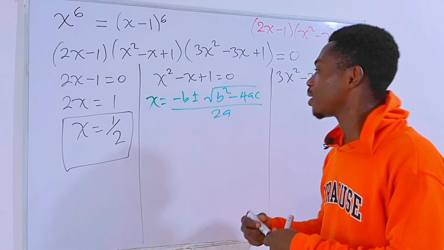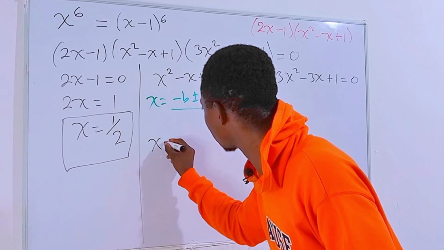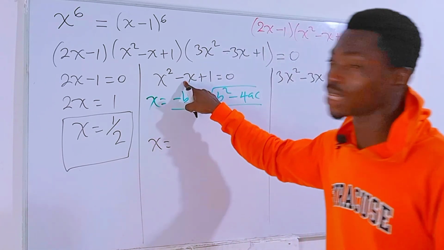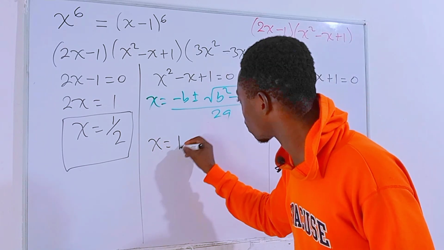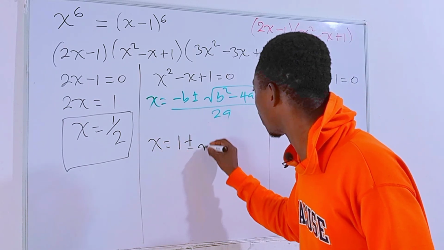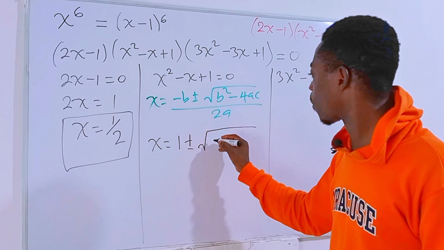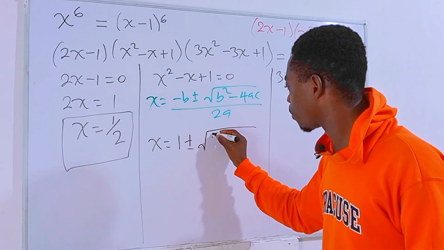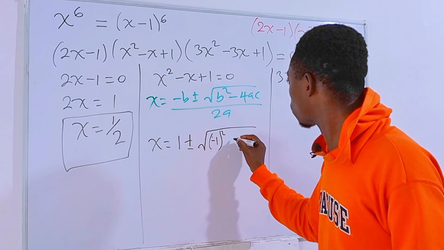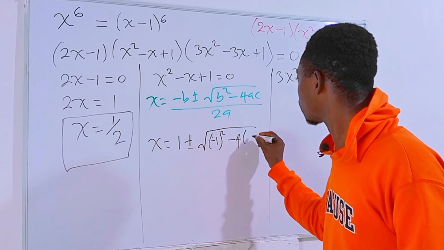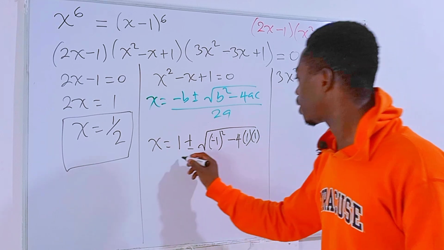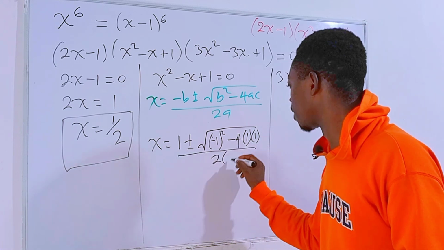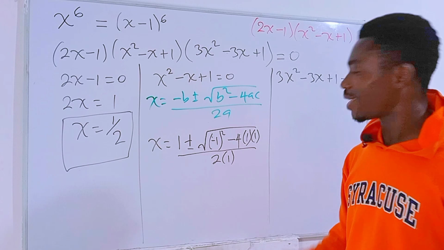Cool. So in fact, we will have x is equal to minus b, b is negative here, minus minus, that will be positive. So we have positive 1 plus or minus square root of negative 1 squared minus 4, a is 1 and c is 1, divided by 2 times a, where a is 1. Easy.